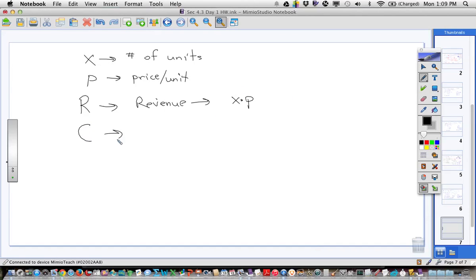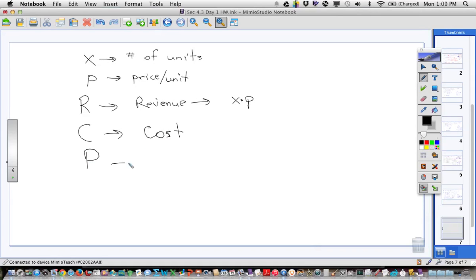Our cost, of course, is just the cost for producing these things. And that could be made up of multiple things. It could be your labor cost, your materials cost for making the things, or your overhead like rent on your buildings, electricity, utilities. Those are wrapped up in the cost.